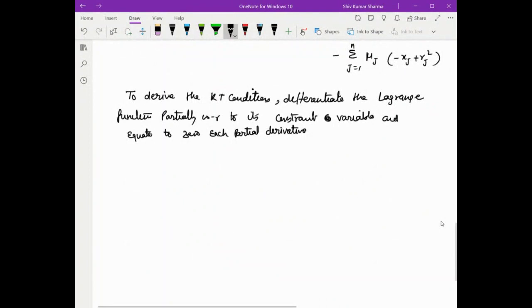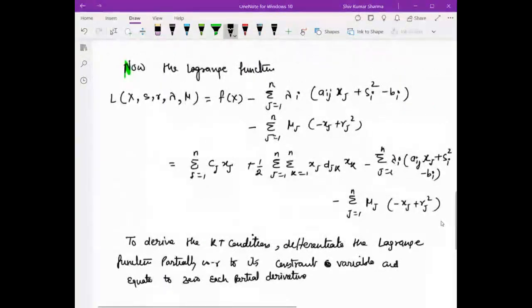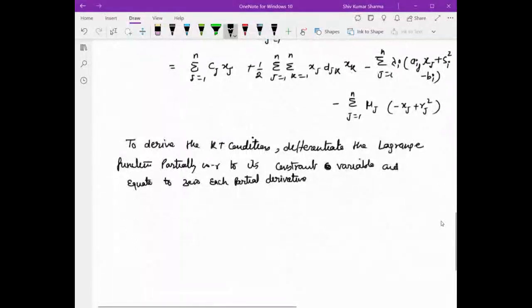When we differentiate with respect to x1, x2, x3, how many variables are there?